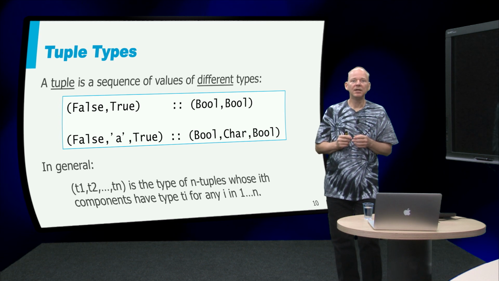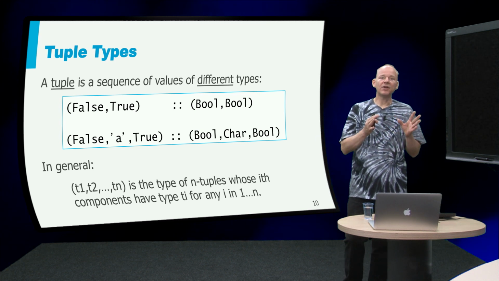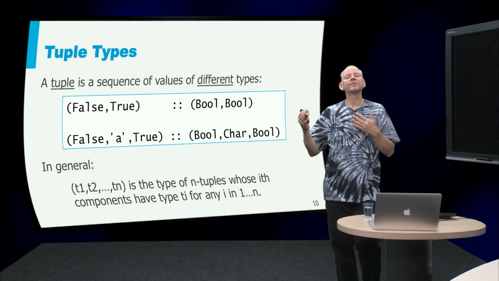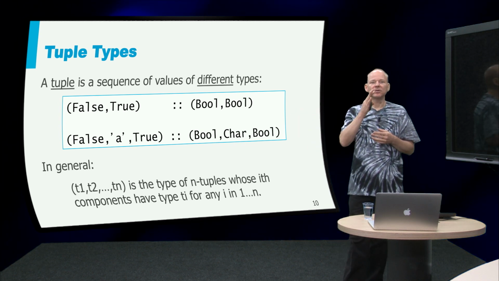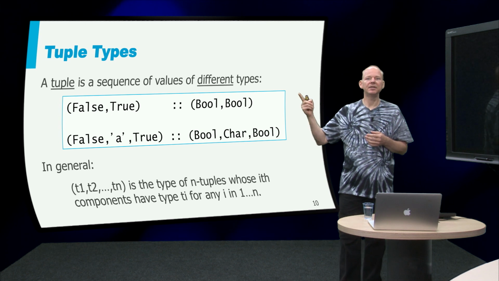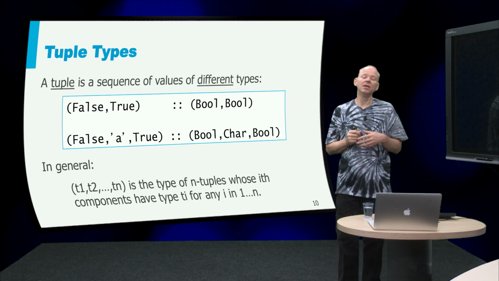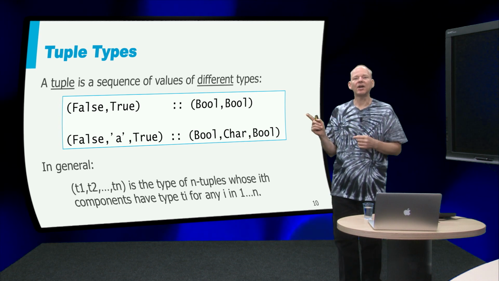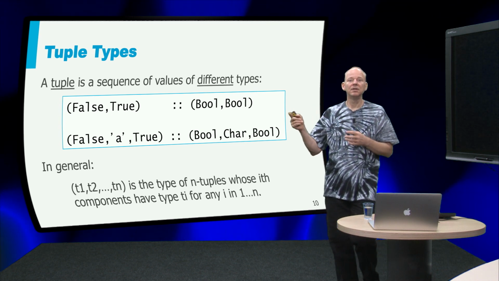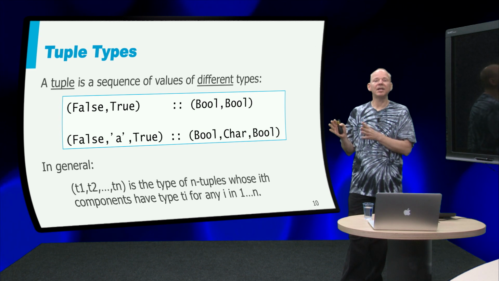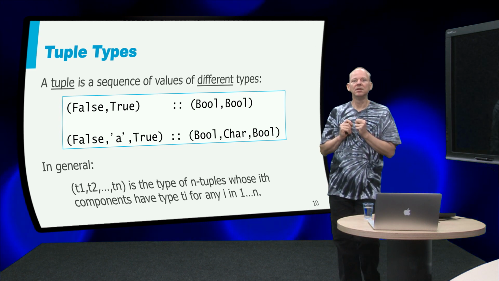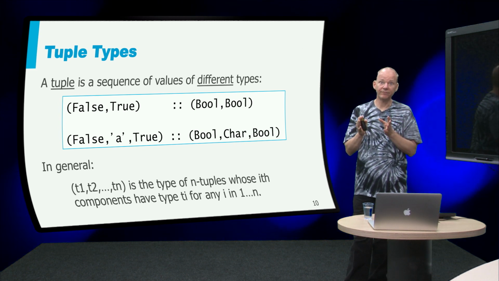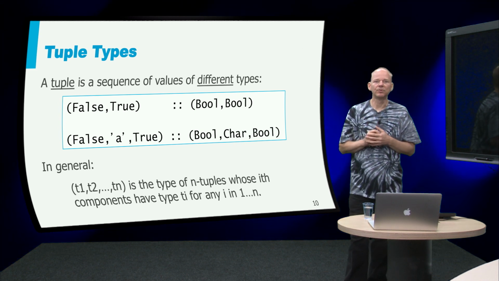Compare and contrast that with tuples. In a tuple, the type contains the length, but the types of the values can be different. So the first example here, that's a tuple of two booleans, True and False. So there you see that the type is Bool, comma, Bool. So it's not a list. If it were a list, the type would be list of Bool. But in this case, it's a tuple of two booleans, and the type is (Bool, Bool).